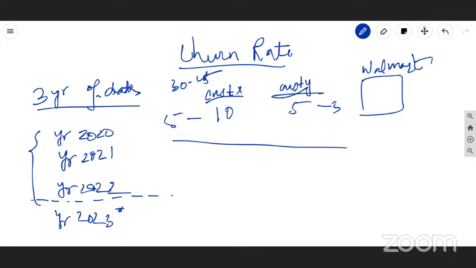If it has dropped by a certain percentage, that threshold will have to be worked upon. If they have dropped by 50%, 60%, 70%, or something like that, then we can predict that this customer is on his way out, or if he has completely stopped buying from that particular store.